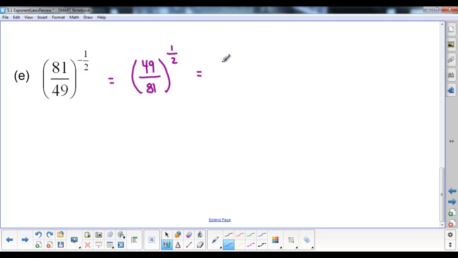Okay, so now this becomes 49 to the power of 1/2 over 81 to the power of 1/2. And know that the 2 is associated with the root sign, so this becomes the square root of 49 to the power of 1. And again, the square root of 81 to the power of 1. Now, again, notice that we do not ever write this 2 in front of the square root.